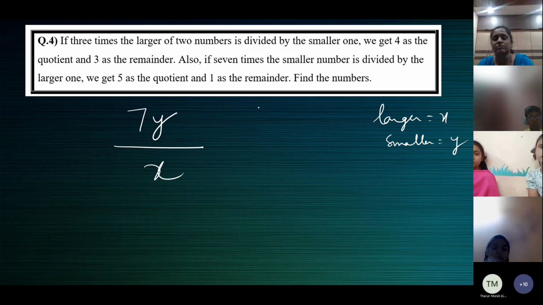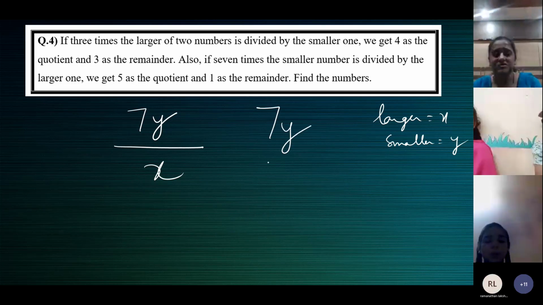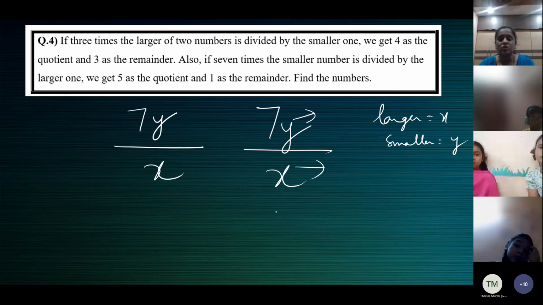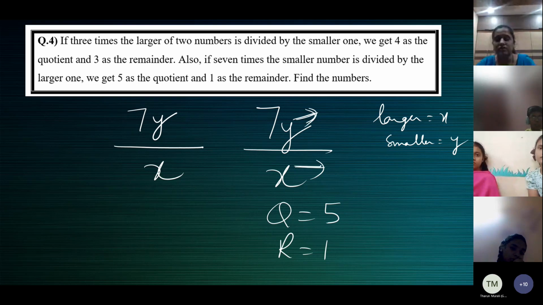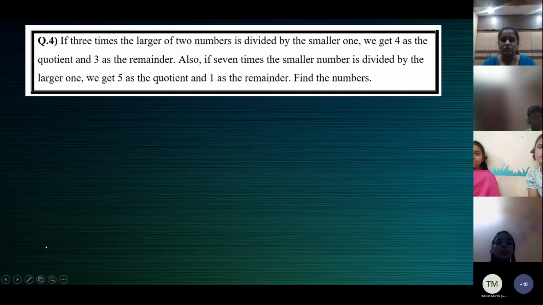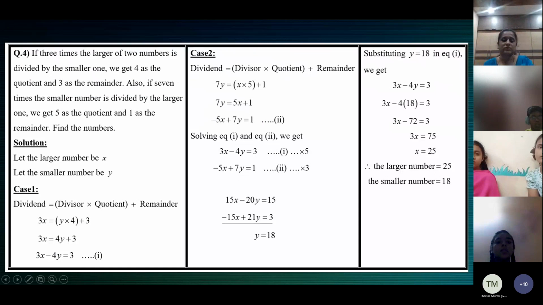Here, this is the dividend, this is the divisor. Then we get 5 as the quotient and 1 as the remainder. Fill it in the division algorithm, get the second equation, solve the two equations, and find the values of x and y.